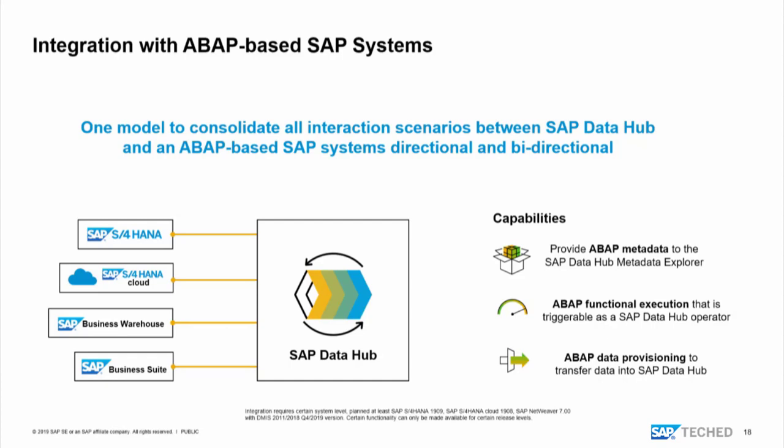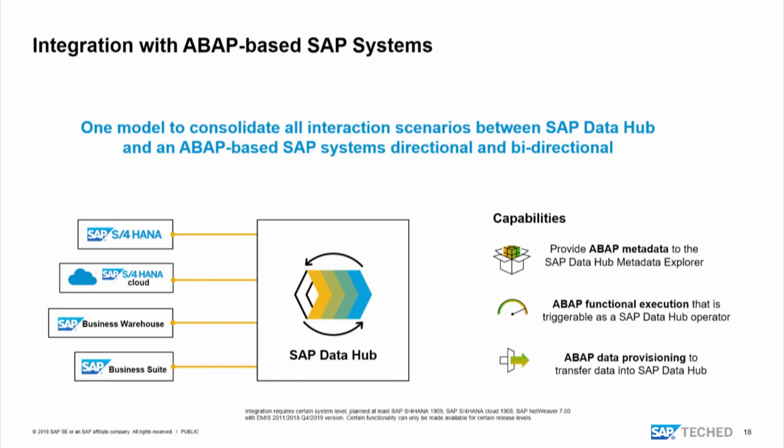The current release is 2.7, which we are just shipping, where you will find the integration to ABAP-based systems, S4HANA, BW, older ERP systems, where we are also leveraging assets like the SLT replication server, for example, to connect to those systems. And what we do have then, first of all, is out of the box metadata connectivity.